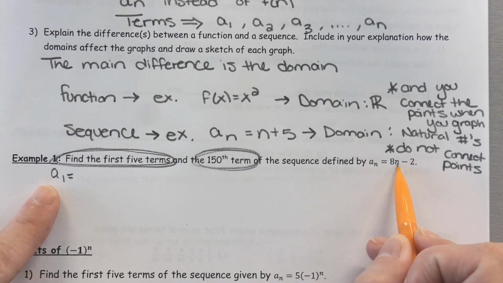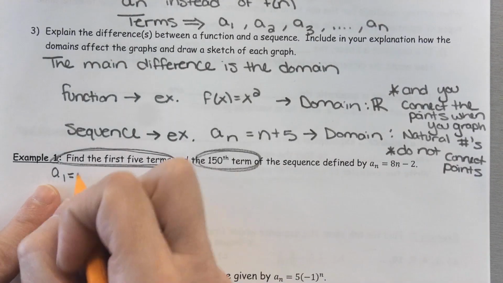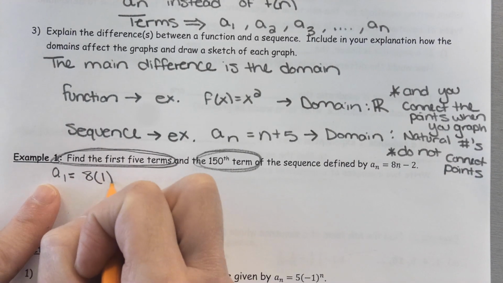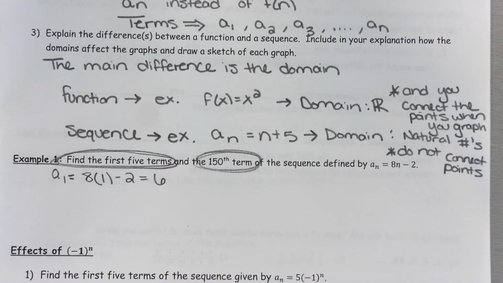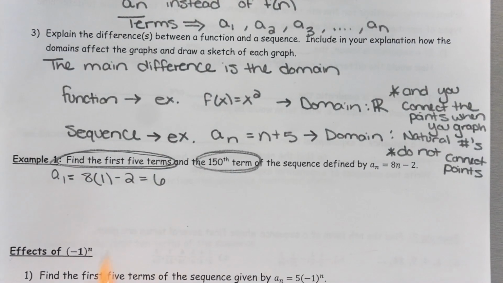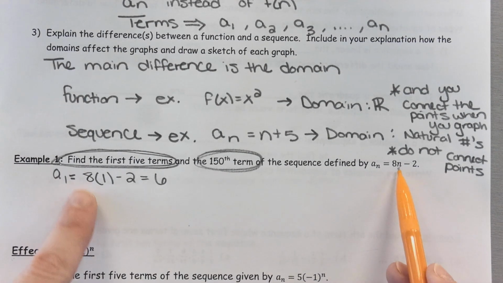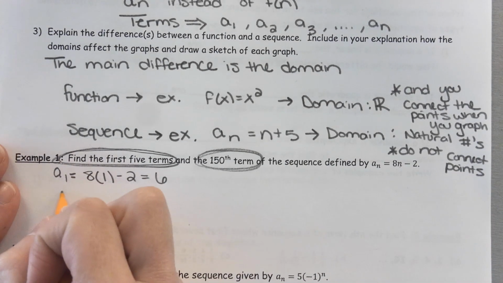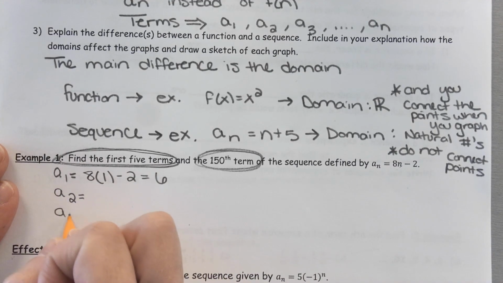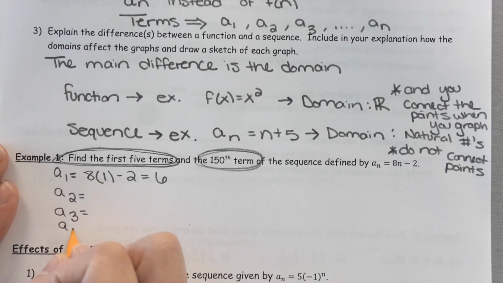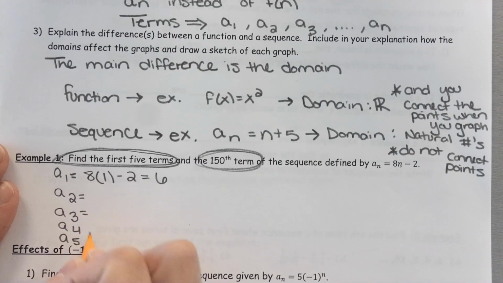Okay, so I'm going to plug the 1 in where the n is. 8 times 1 is 8 minus the 2, 6. So term 1 is 6. I'm not going to write all of them out, but I just want to show you where it came from. So I'm just plugging in the 1. So if I go to find the first 5 terms, then I also need to find a sub 2, a sub 3, a sub 4, a sub 5.